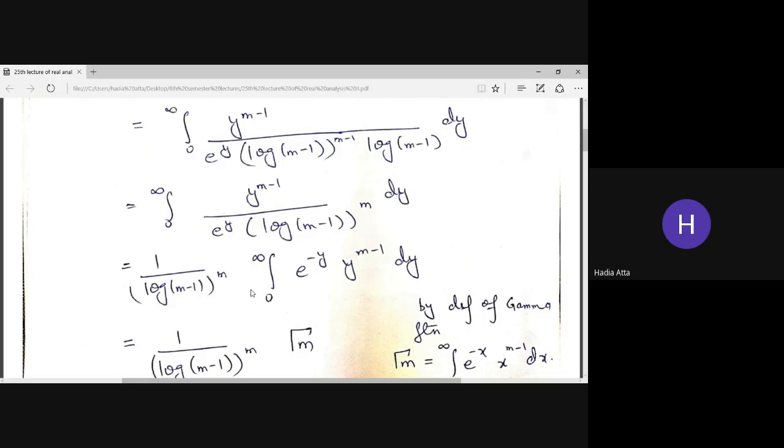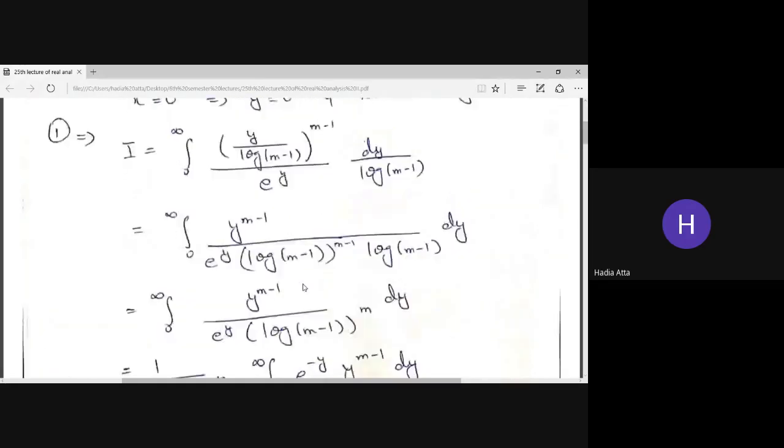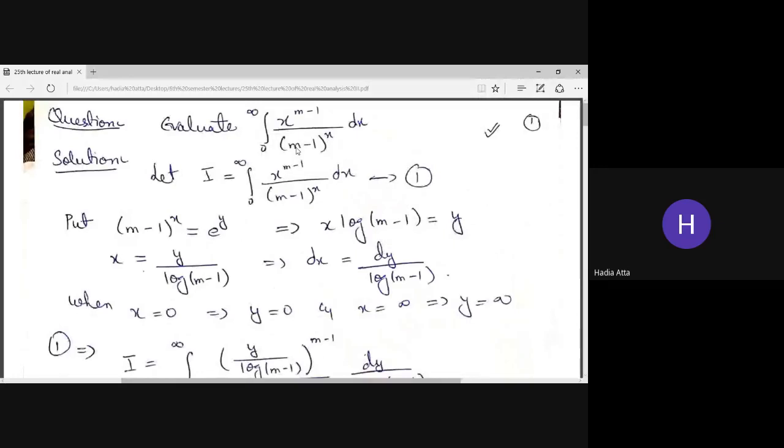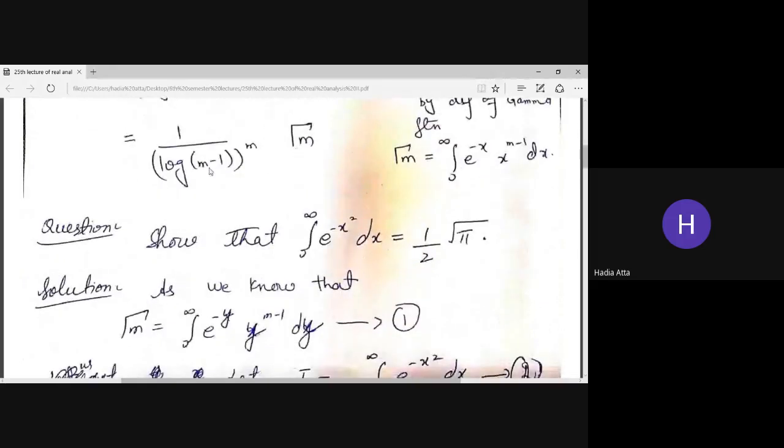Now if you compare that integration with the definition of the gamma function, you can see that both integrations are the same, so you can replace it with the gamma function, gamma of m. So this is the solution of this question. A very simple solution, you can easily solve that question.